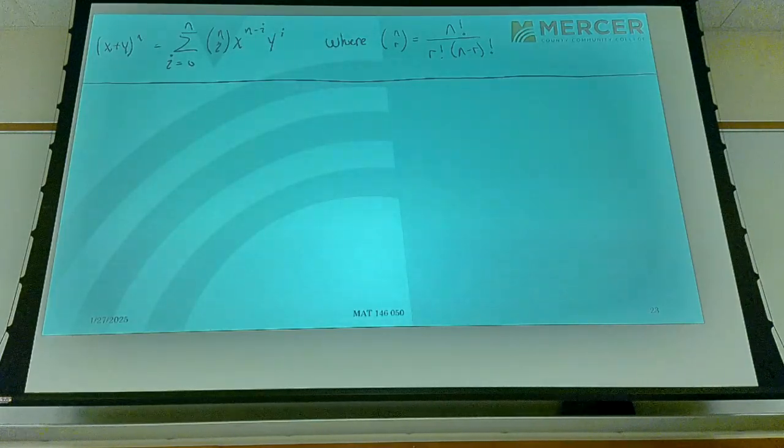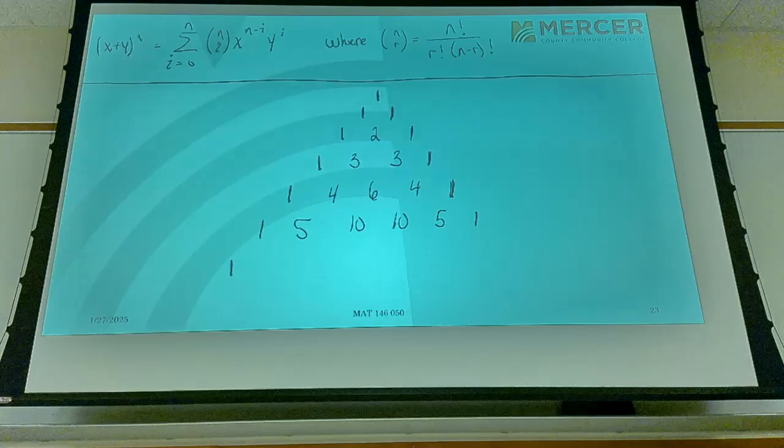Every entry in Pascal's triangle is a binomial number. What was the top part called again? That's the binomial theorem.